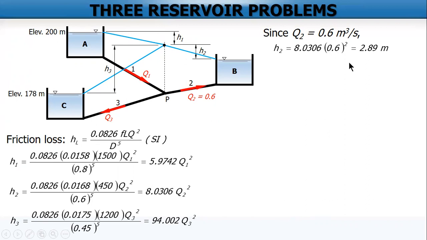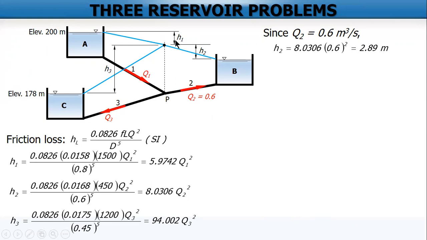2.89. Now, next is, we cannot make use of the equation of Q sa katong entering and leaving. Kaya Q1 and Q2 are still unknown man. So, dito pwede kagamit. So, what we can use here is this one. Kiling sa 200 o 178.